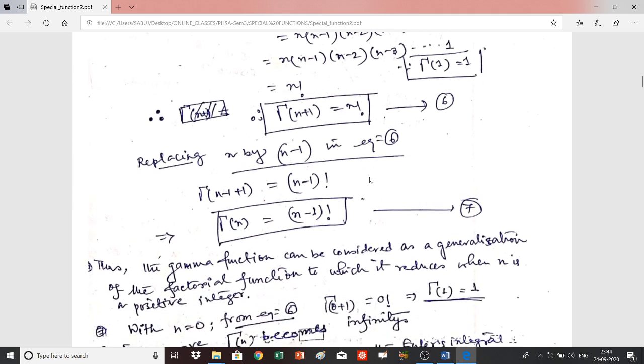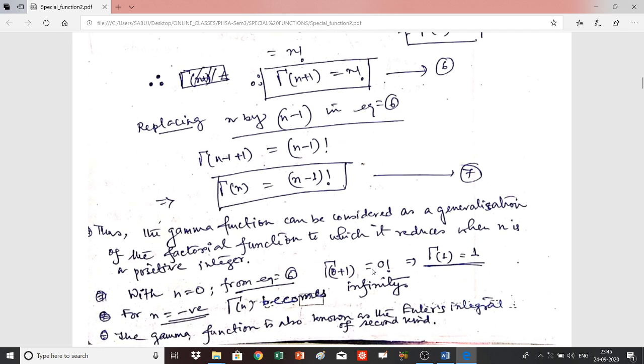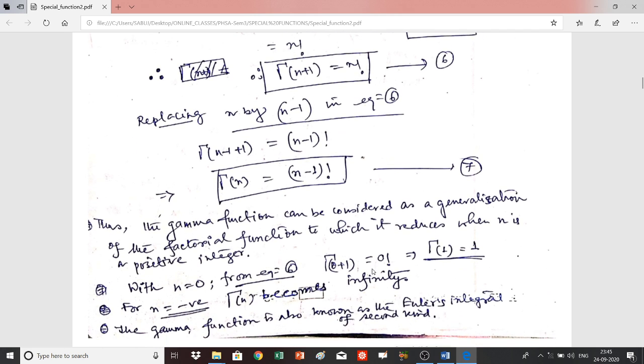So the gamma function can be considered as a generalization of the factorial function, to which it reduces when n is a positive integer. So we can easily transform a gamma function into its corresponding factorial using these relations.